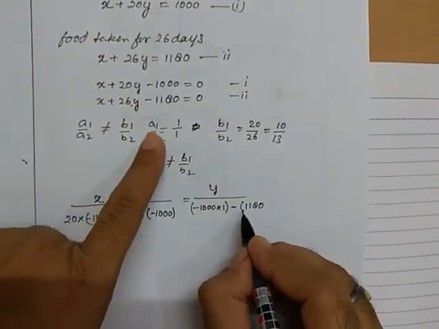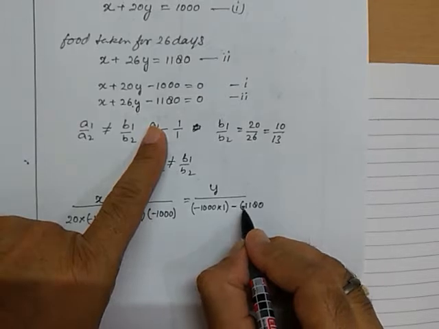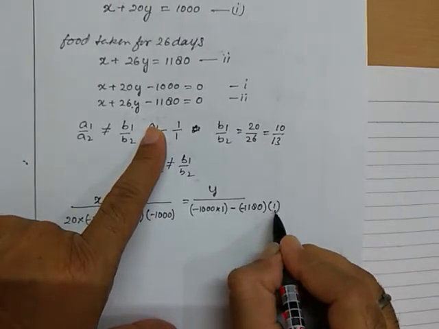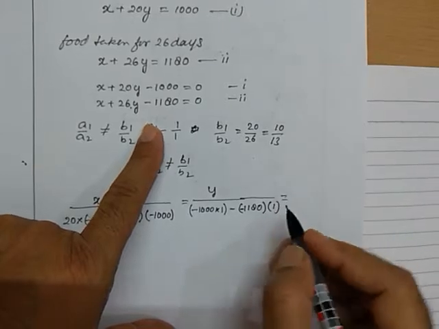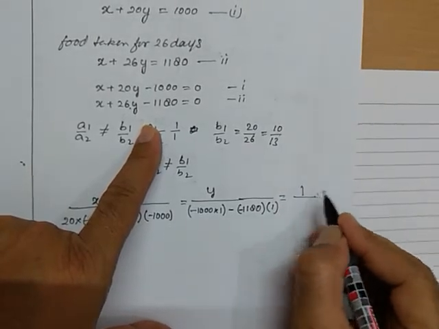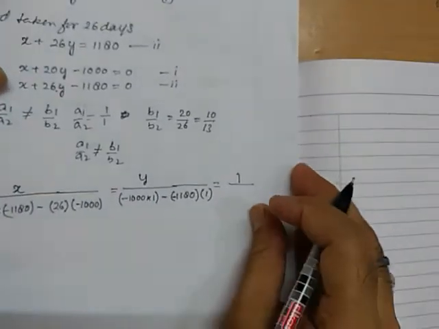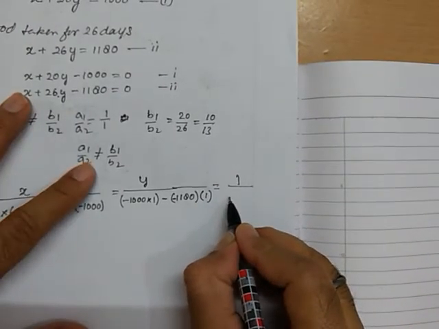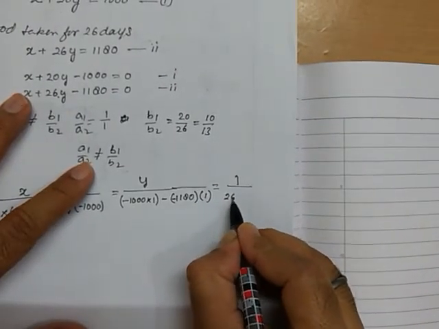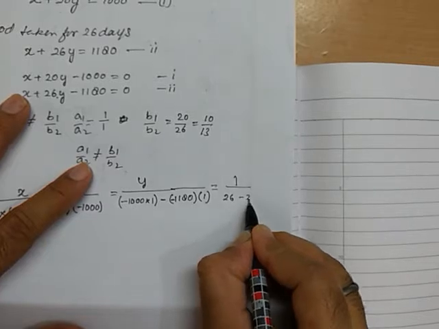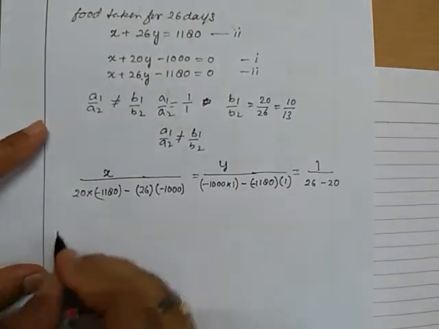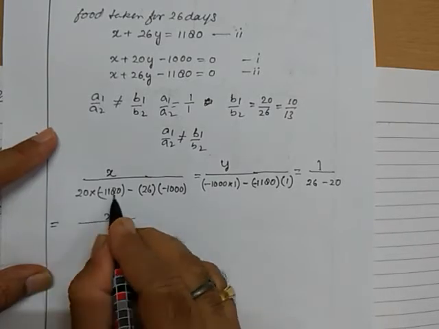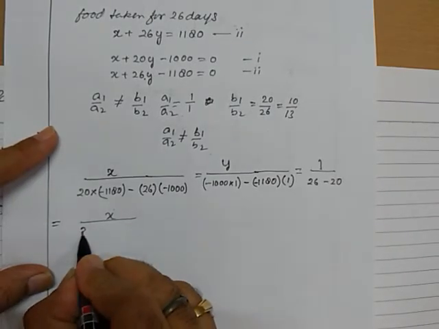1180, this will be minus 1180 into 1, and this will be equal to 1 upon, yeah, this will be 1 upon, so this will be your 26 minus 20. So if you see this here, this will be your x upon, when we multiply, this will become 2000.